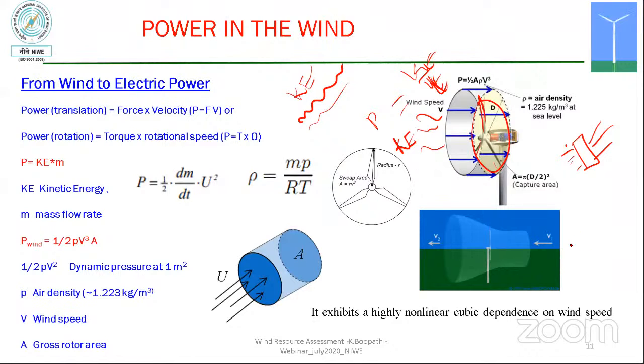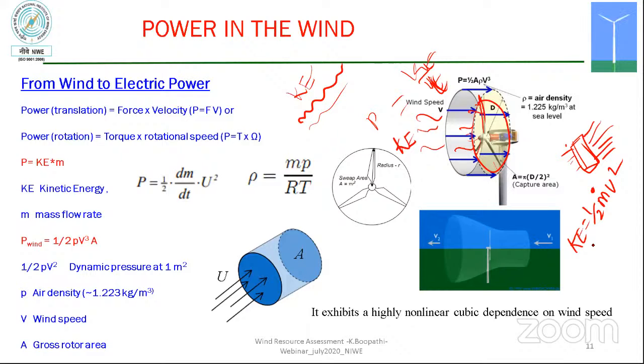You know the formula: kinetic energy equals half m v squared. Here m is the mass flow rate, that is, how much mass is flowing through this window or through the area of the rotor.